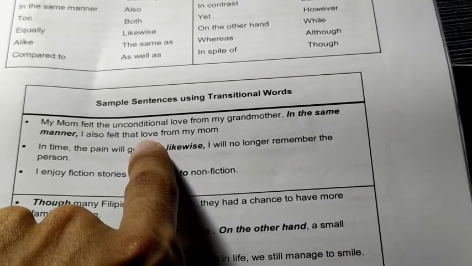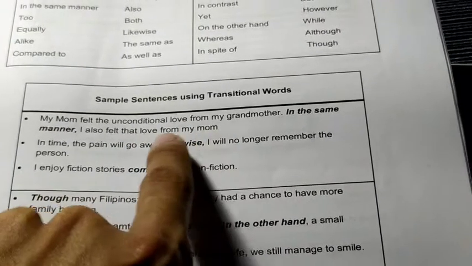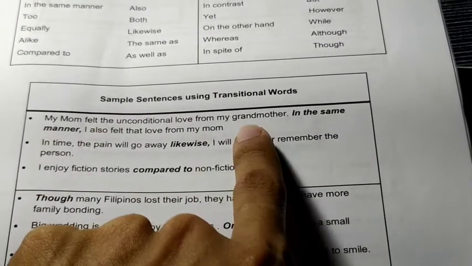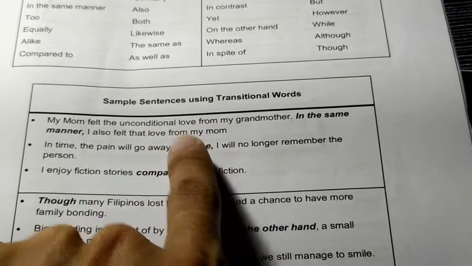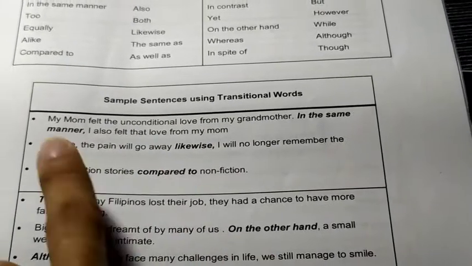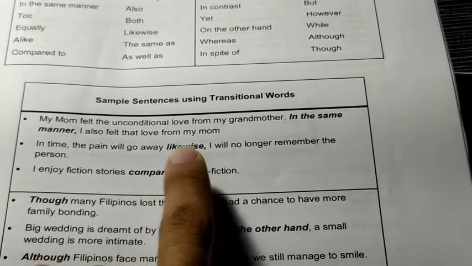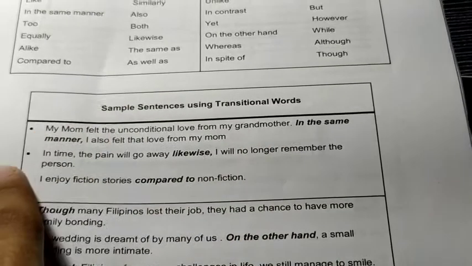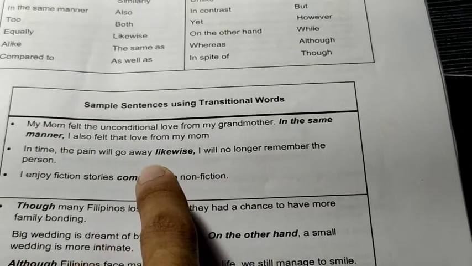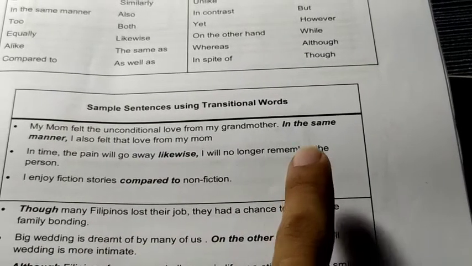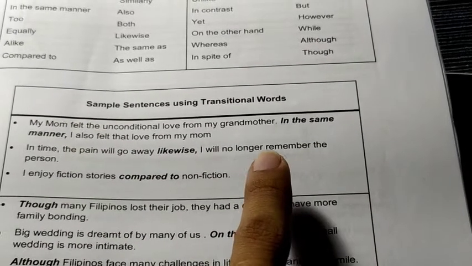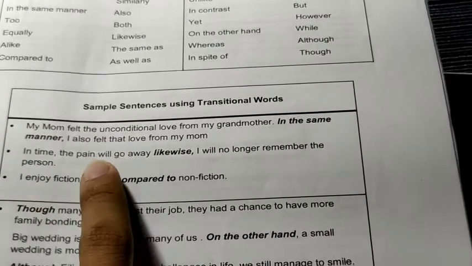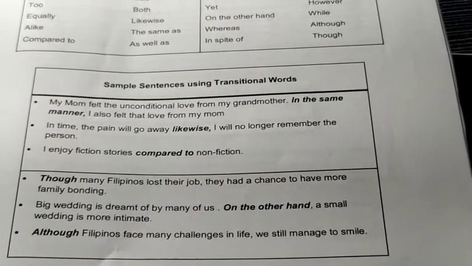Whatever love the mom received from her grandmother, the mom also gave it to her child. In time, the pain will go away. Likewise, meaning if the pain will go away, no longer to remember the person. So the same idea. The pain will go away, and the remembrance or the moment or the person will be somehow forgotten also, like the pain. So I enjoy fiction stories compared to non-fiction.